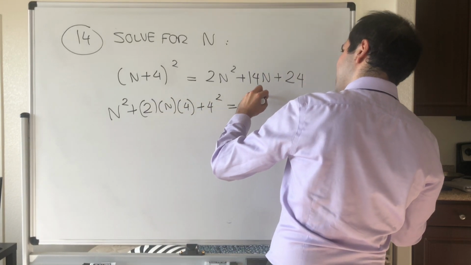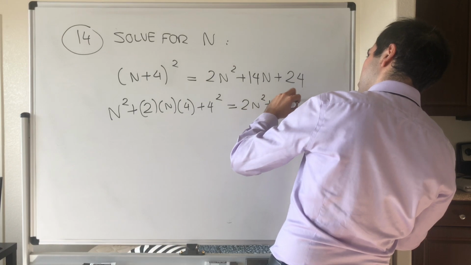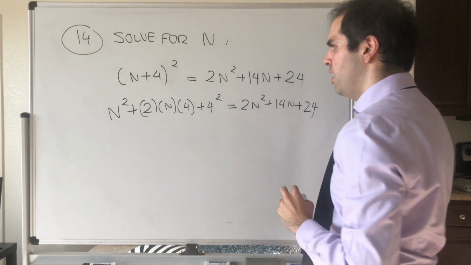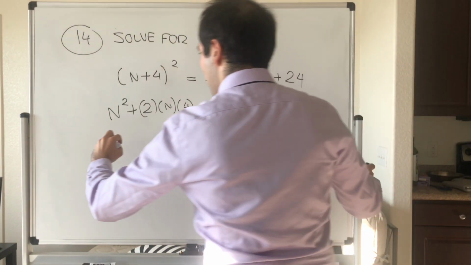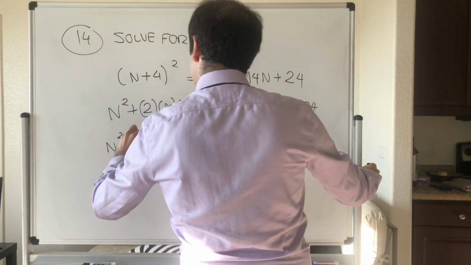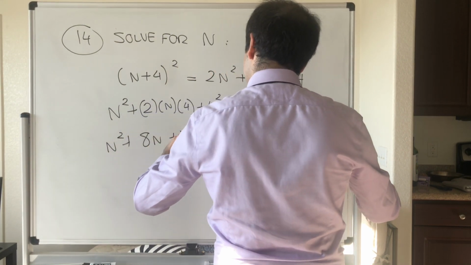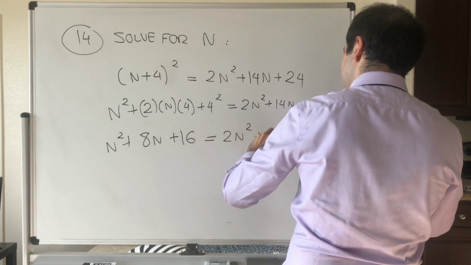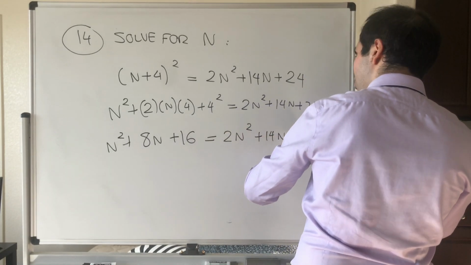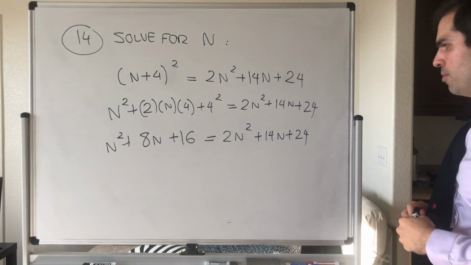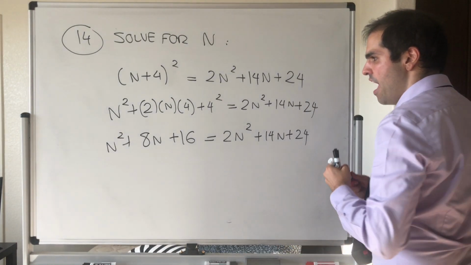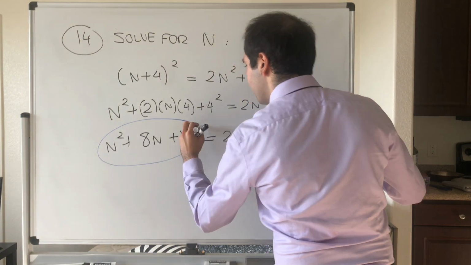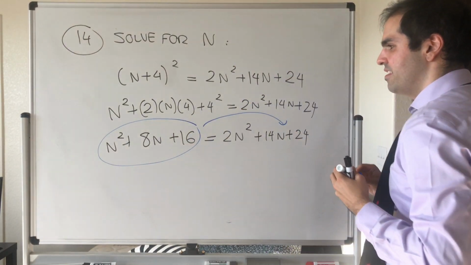This simplifies to n squared plus 8n plus 16 equals 2n squared plus 14n plus 24. My recommendation is to move everything to the right-hand side.